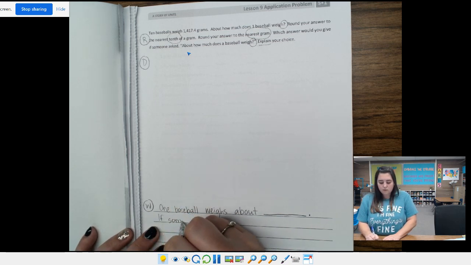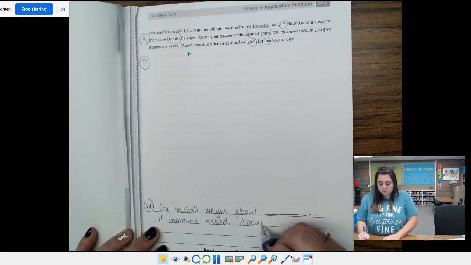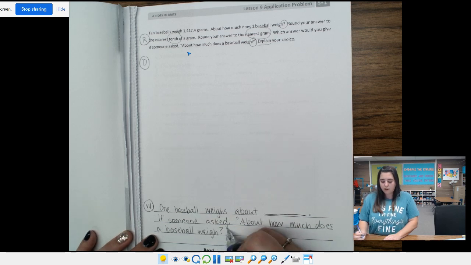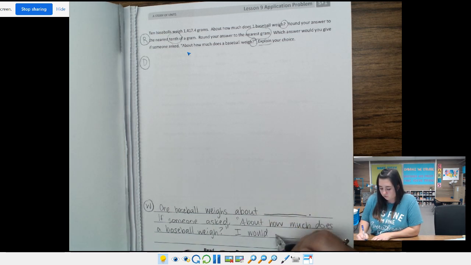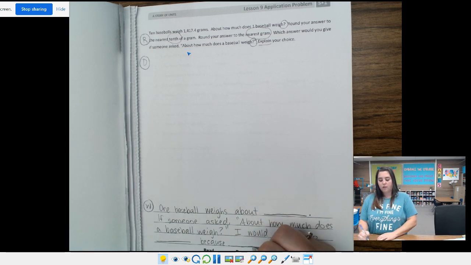If someone asked about how much does a baseball weigh, question mark, and end the quote, I would round to blank because, and I'm going to need to fill that in.